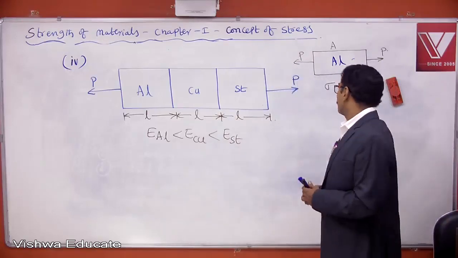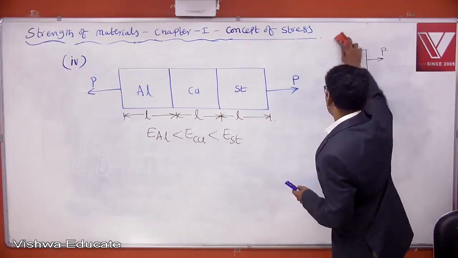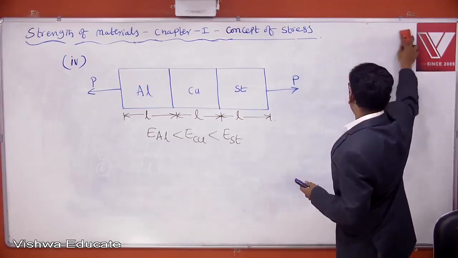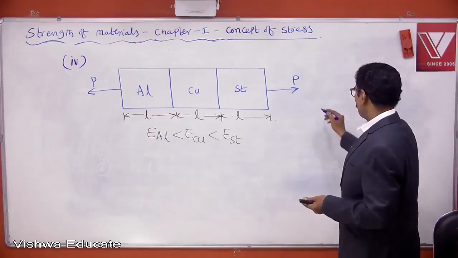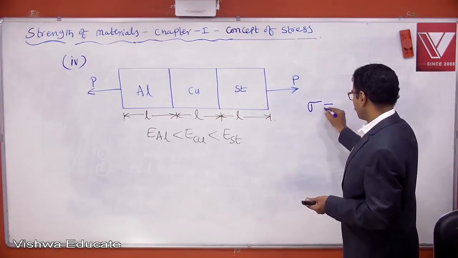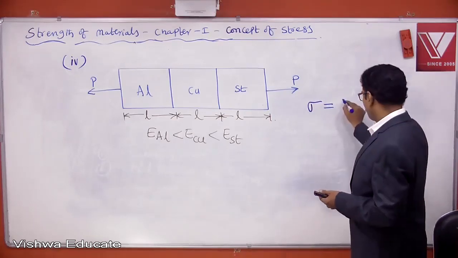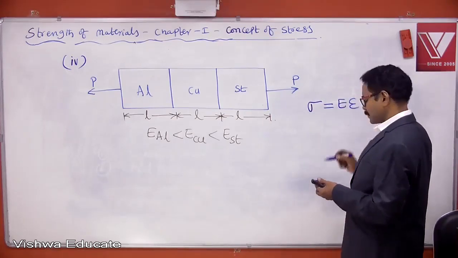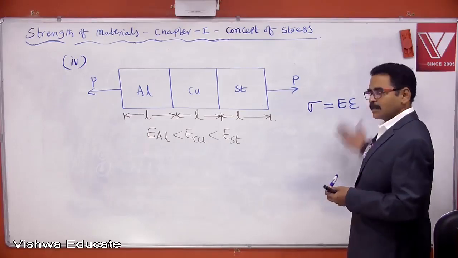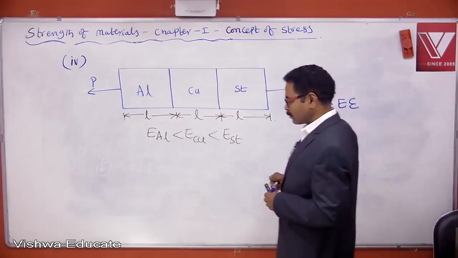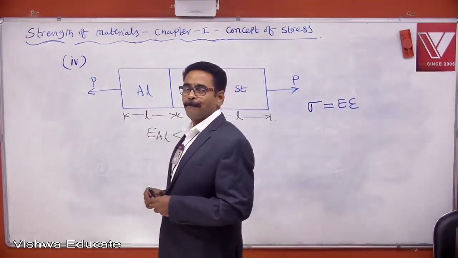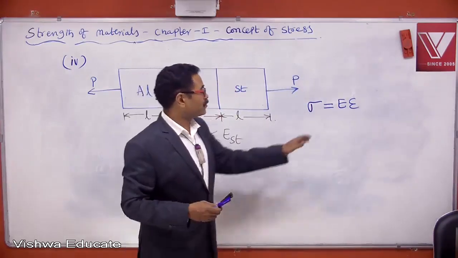Somebody may make a mistake here. Many students tend to use Hooke's law. Hooke's law says stress is equal to Young's modulus into epsilon. Stress by strain is Young's modulus. Some students may tend to use this.